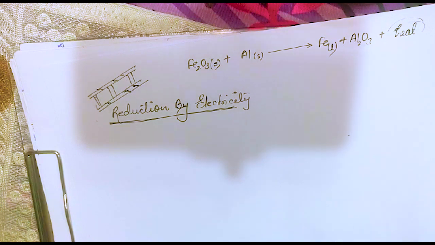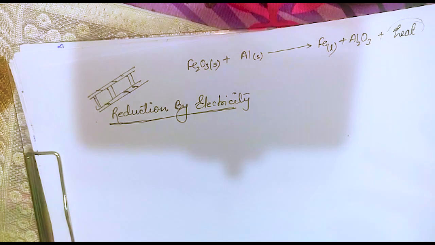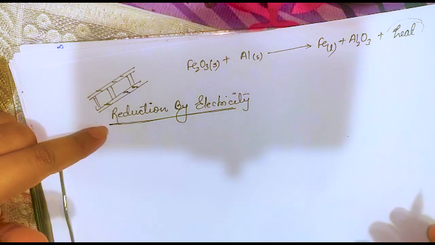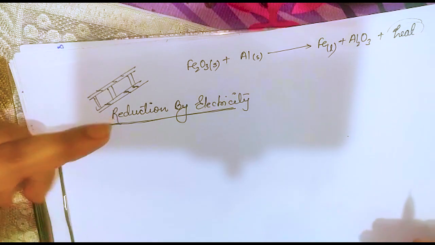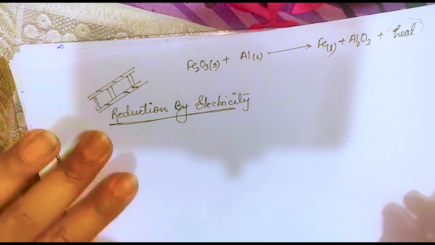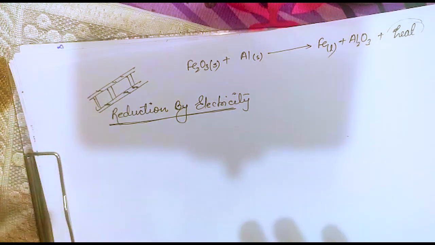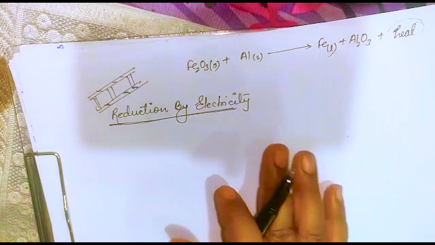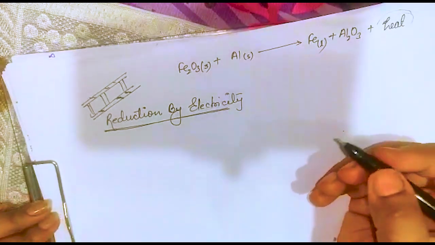Third, by using a strong reducing agent like aluminium. And the fourth, the last step, is reduction by the electrolytic reaction.